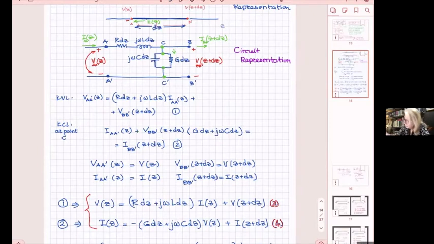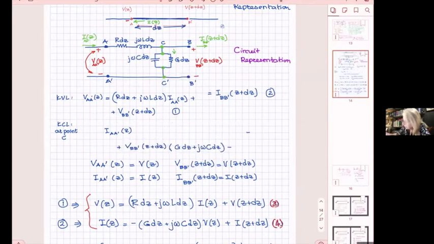Look at equation 2. I made a mistake in the sign. This equation 2, which is KCL, needs to have a separate sign. And nobody got it. That's okay, it's early. So it needs to be this here, this there with a plus, the other way around.